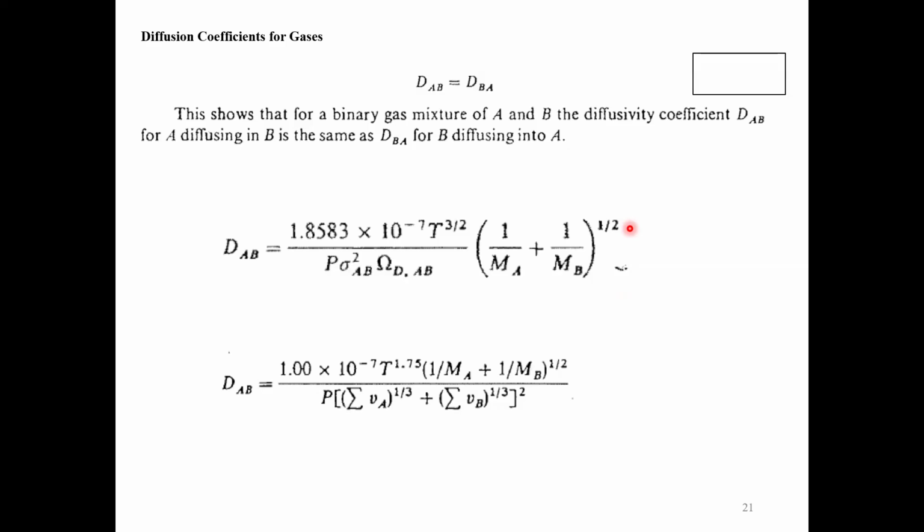Okay, but the important takeaway from these formulas is this. Your diffusivity is directly proportional to temperature. However, it is inversely proportional to pressure. So when temperature increases, diffusivity increases. Your molecular diffusion increases with an increase in temperature. That's the concept you would want to know.